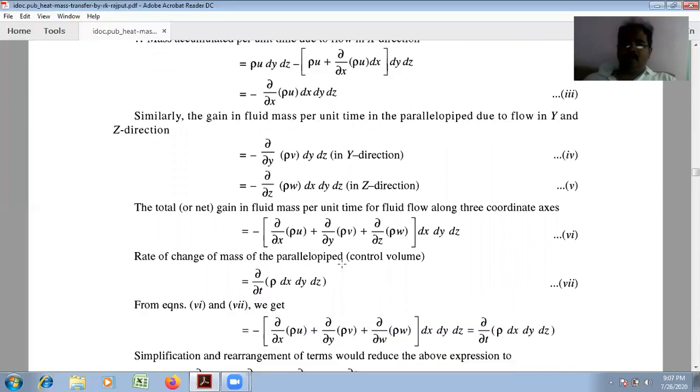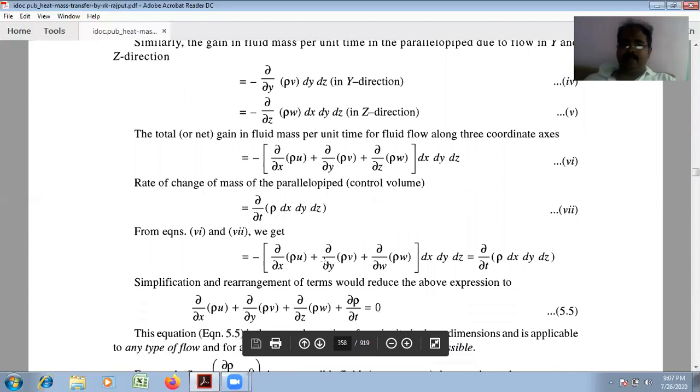Okay, so the total or net gain in fluid mass per unit time for fluid flowing along the three coordinate axes is minus del upon del x of rho u plus del upon del y of rho v plus del upon del z of rho w into dx dy dz, and this equals the rate of change of mass of the parallelepiped, which is del upon del t of rho dx dy dz.